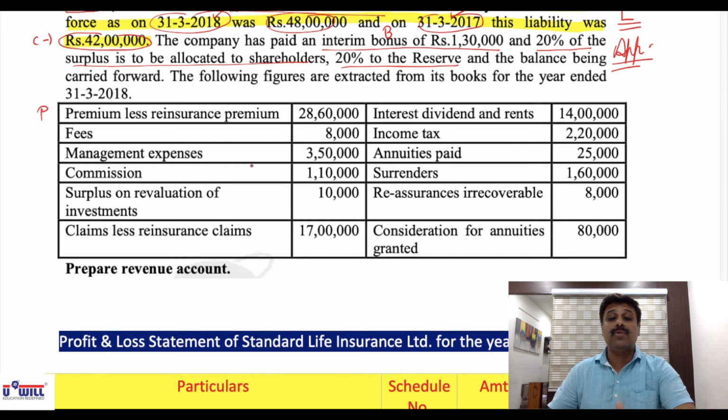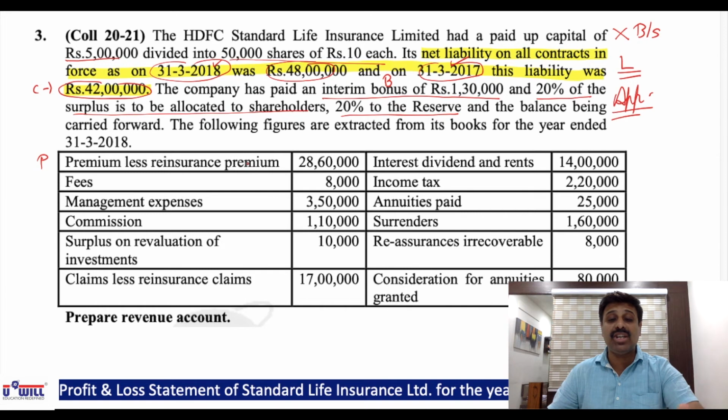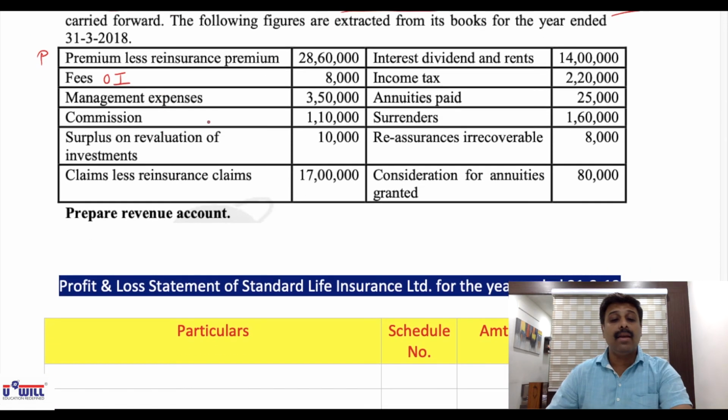If you transfer the life insurance policy, nominees, or make any changes, the insurance company collects fees from you. In general insurance, they collect fees for transfer. A life insurance company collects fees for the other services they render. So this will be a part of other incomes, marked as OI. Management expenses, operating expenses, O.